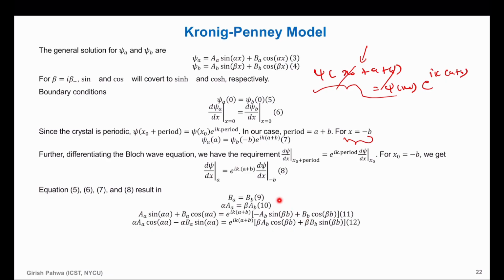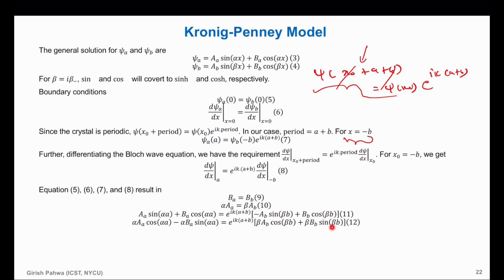Okay, now from 9 and 10, we can eliminate 2 more variables. Let me eliminate AB and BB. So what I can do, I can write AB equal to alpha AA divided by beta and BB is equal to BA in equation number 11 and 12. Okay, so in equation number 11 and 12, you have AA, BA, AB, BB, all the 4.